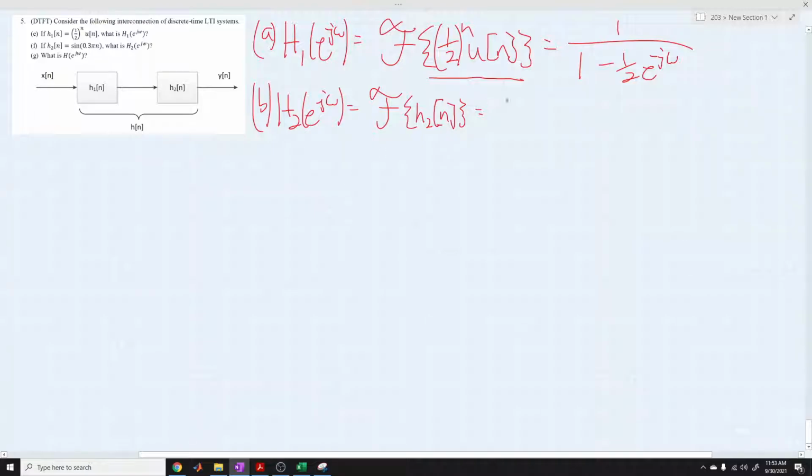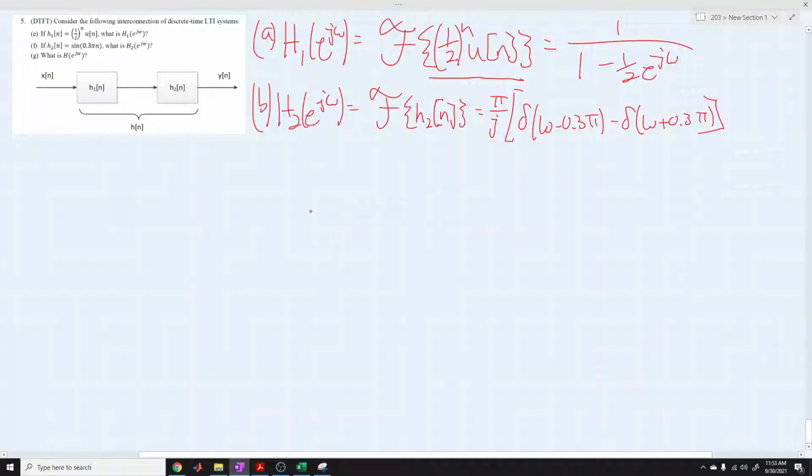This is the same as it was in continuous time, so it's pi over j times delta of omega minus 0.3 pi minus delta of omega plus 0.3 pi. This is a handy one to remember too, as well as the cosine. The cosine and the sine are extremely similar, and it makes a lot of sense, because if the Fourier transform is telling us the frequency content of our signal, well, it only has one frequency. It's right there.